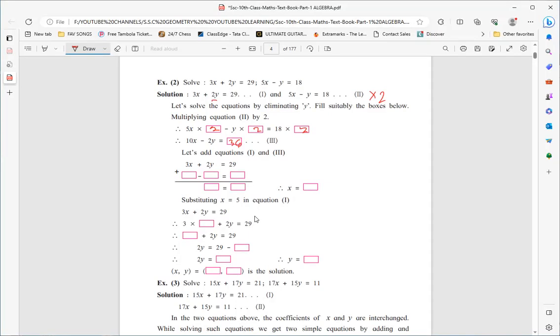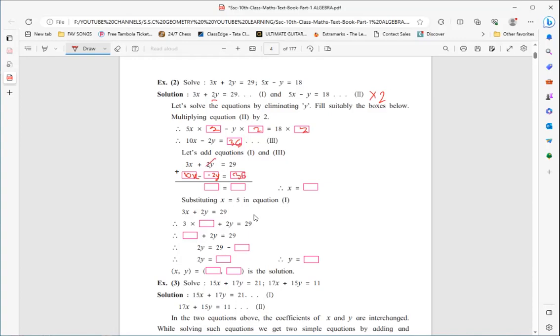Now let's add equations 1 and 3. So equation 1 is 3x plus 2y equal to 29, and equation number 3, which we just got, is 10x minus 2y is equal to 36.